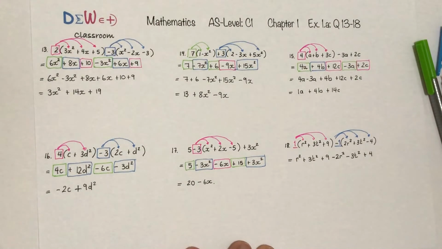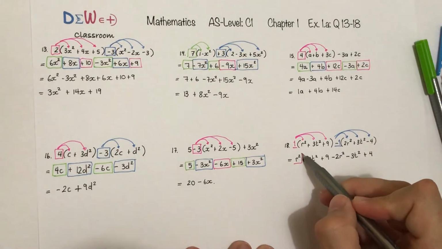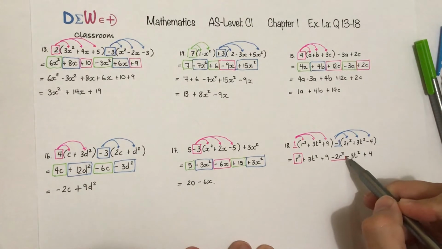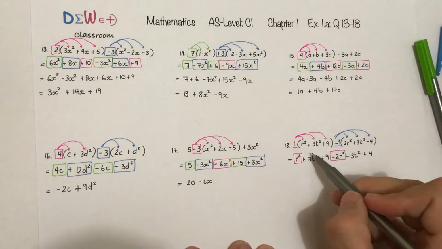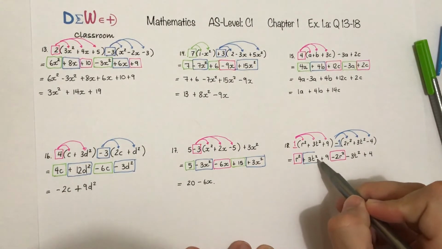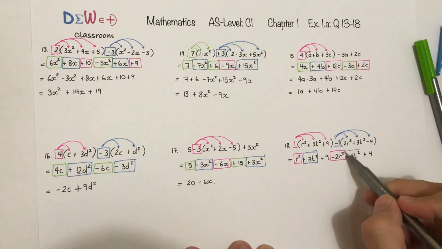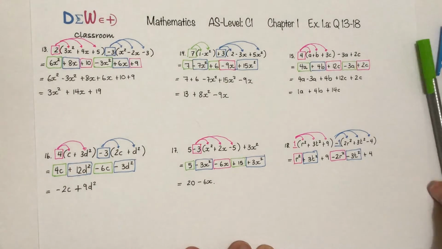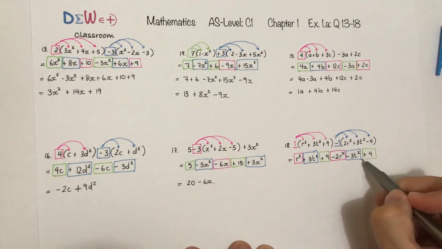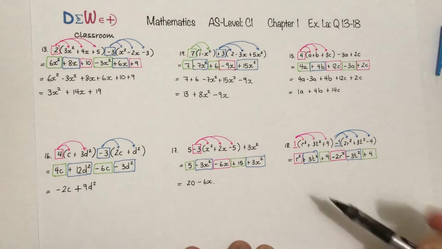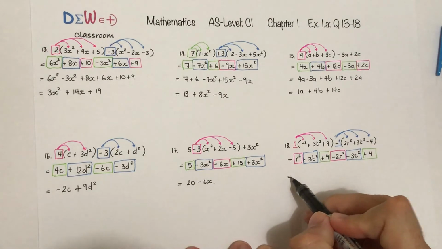We identify our like terms. We have an r squared there and a minus 2r squared over here. We have a plus 3t squared and a minus 3t squared, and we have a plus 9 and a plus 4. We simplify the expression.